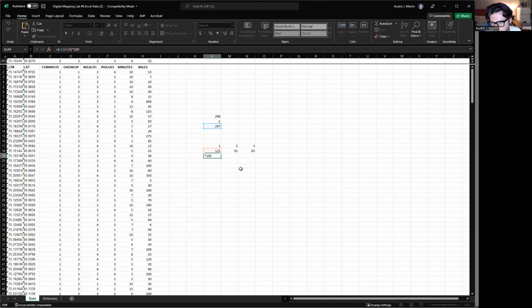Actually, that's wrong. As you can see, I switched the numerator and denominator. So we want 297 divided by 121. Oh, I just did it again. Bear with me here.